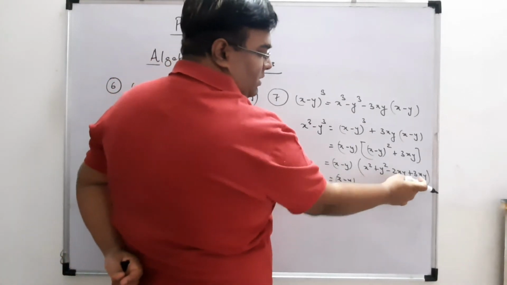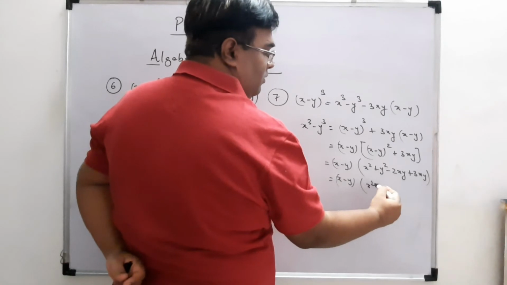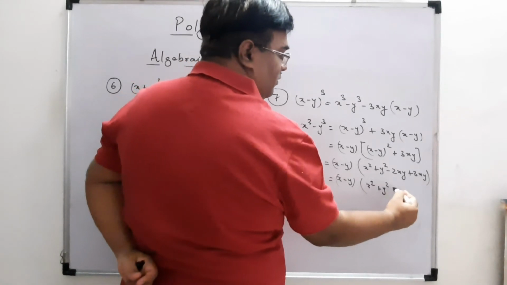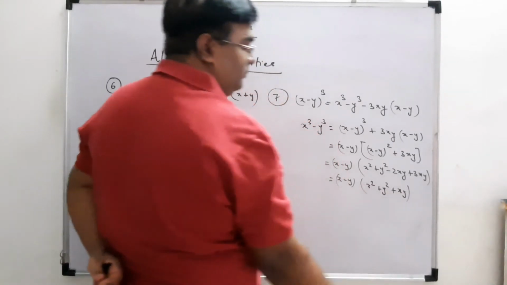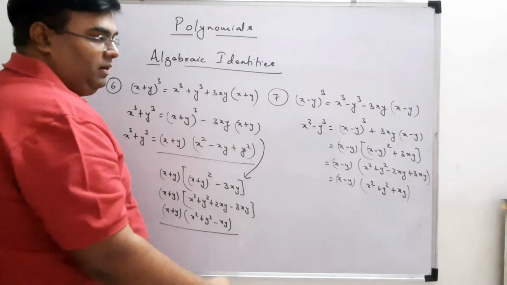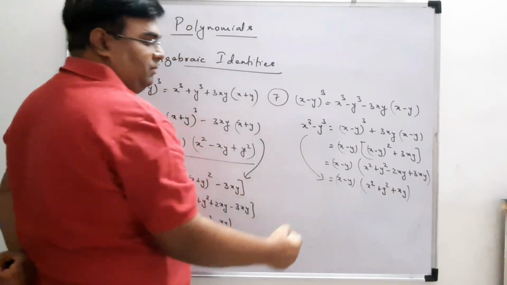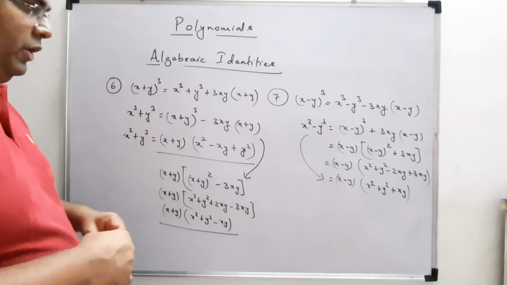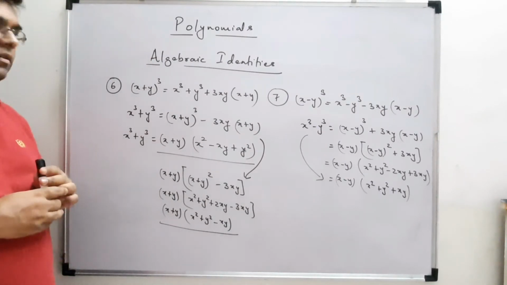Minus 2xy plus 3xy will become plus xy. So this is the factorization formula. Okay, very useful. You need to remember all these formulas.